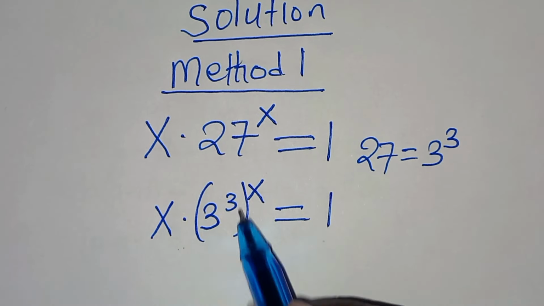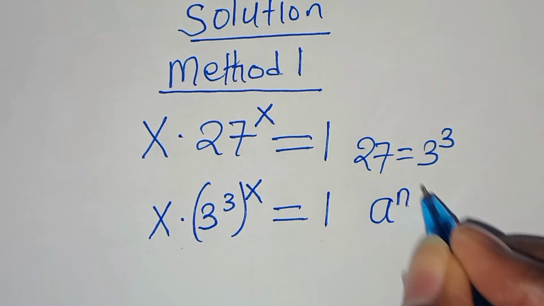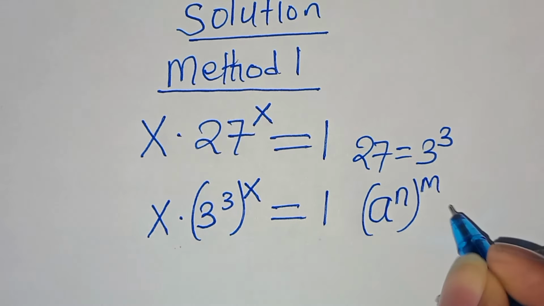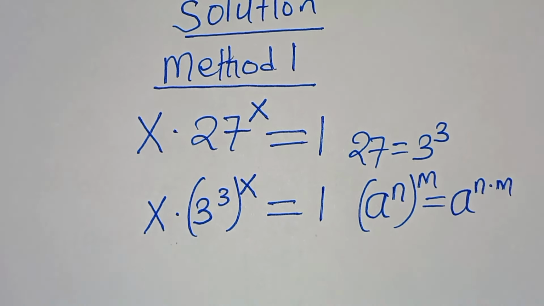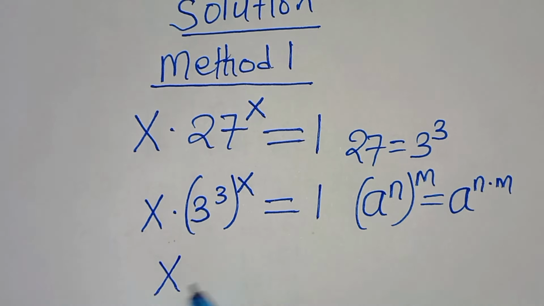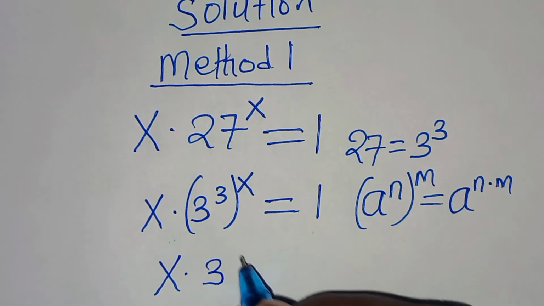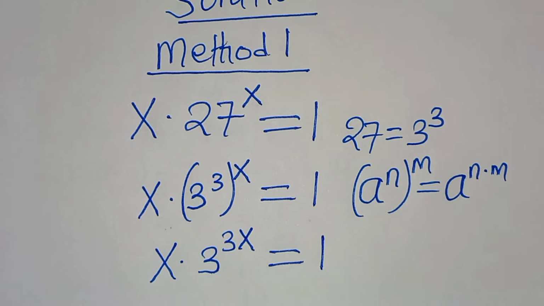Now we have 3 to the power of 3 to the power of x. This is in the form of a to the power of n raised to the power of m, which we can express as a to the power of n times m. Applying this exponent property, we have x times 3 to the power of 3x, equal to 1.